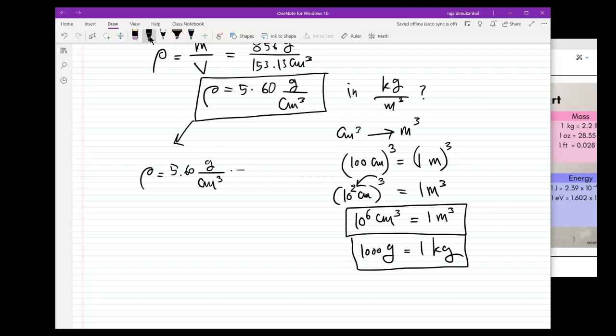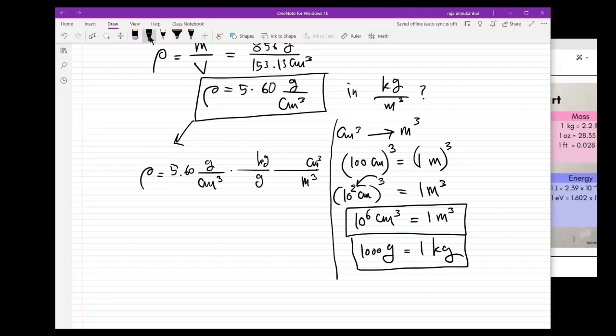And I'm converting 2 units, so I'm going to have 2 bars like that. 1 bar for the gram. I'm going to put the gram at the bottom because this is already on the top here, and then the gram is going to convert into kilogram. And the centimeter cubed at the top, I'll put a bar here, and I'm converting it into meter cubed.